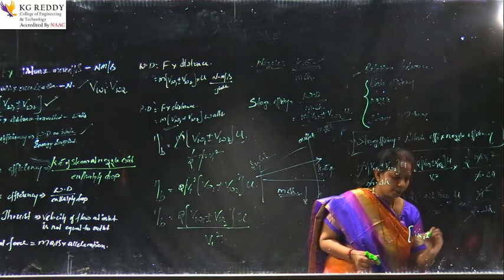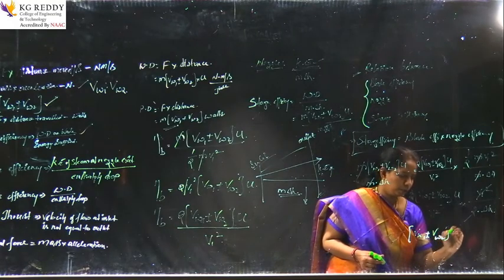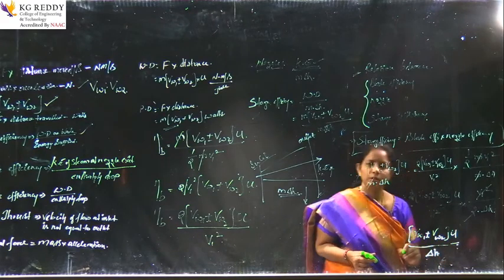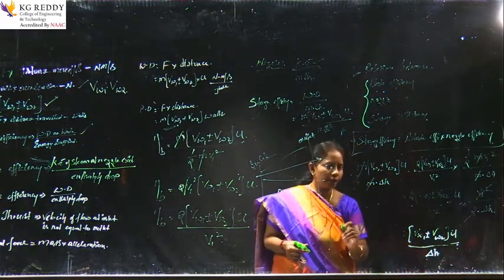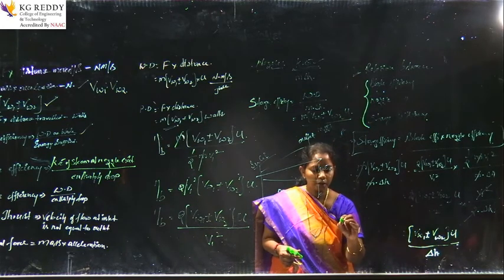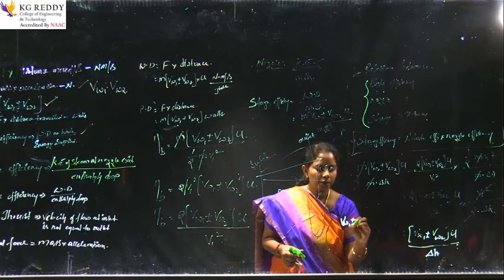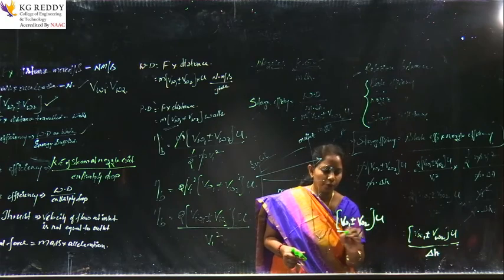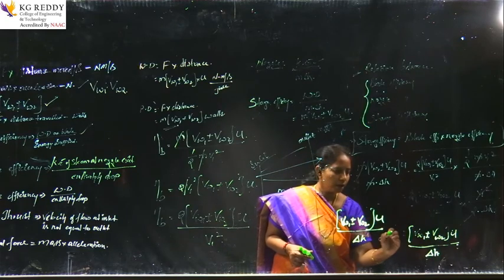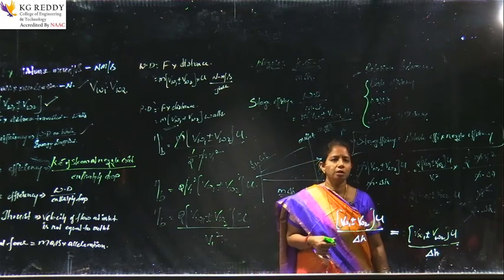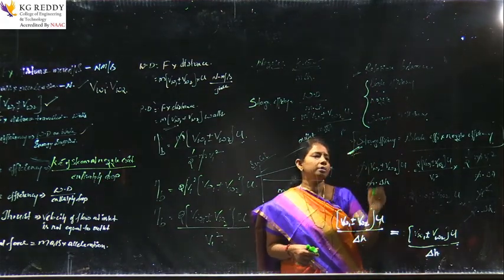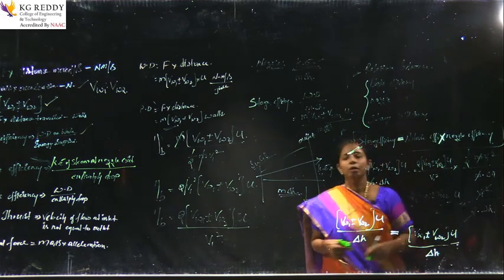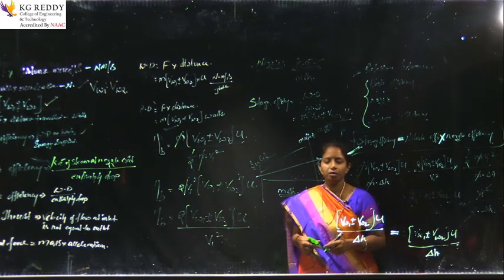Vw1 plus or minus Vw2 into U divided by delta H. Is that the same thing I have on the right side? Vw1 plus or minus Vw2 into U divided by delta H. Are these two the same? Yes. Now I can justify the statement: stage efficiency is equal to blade efficiency multiplied by nozzle efficiency. Yes, is this clear to everyone?